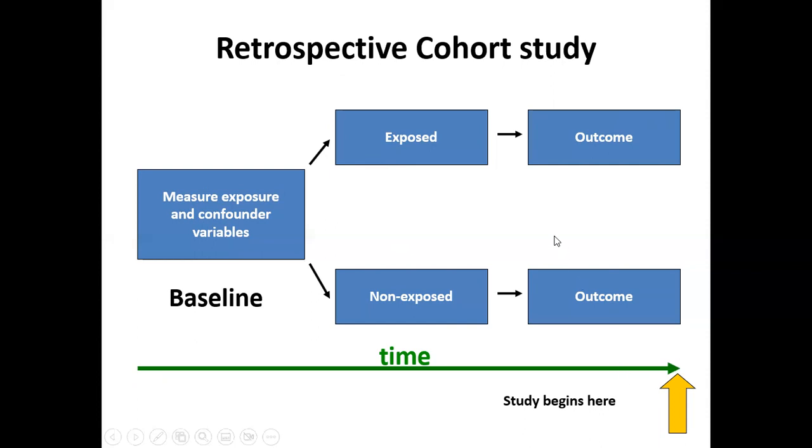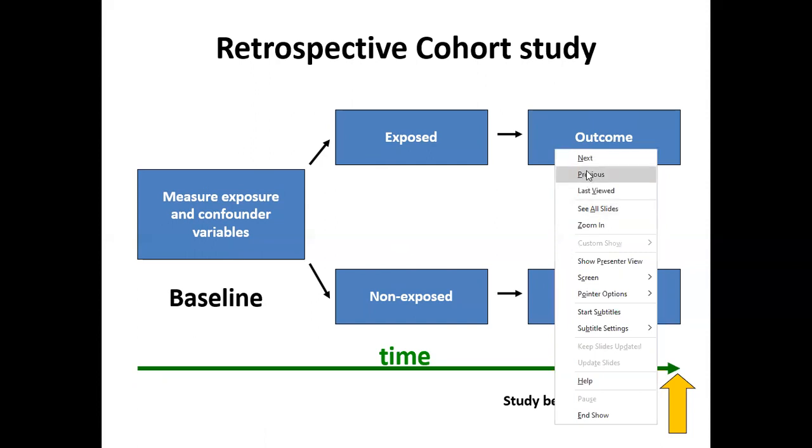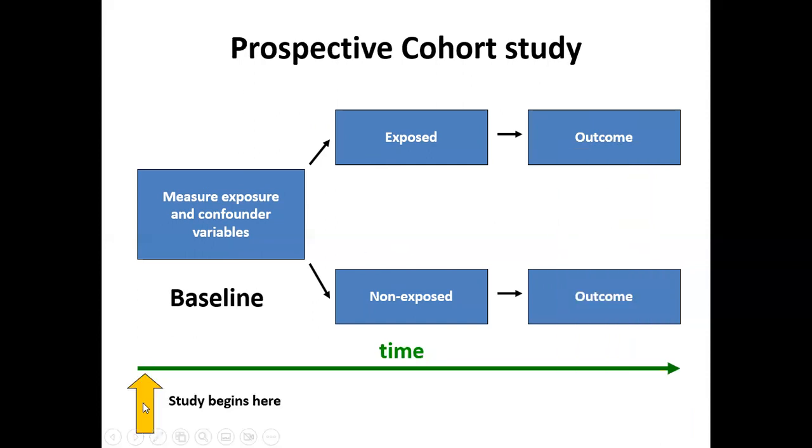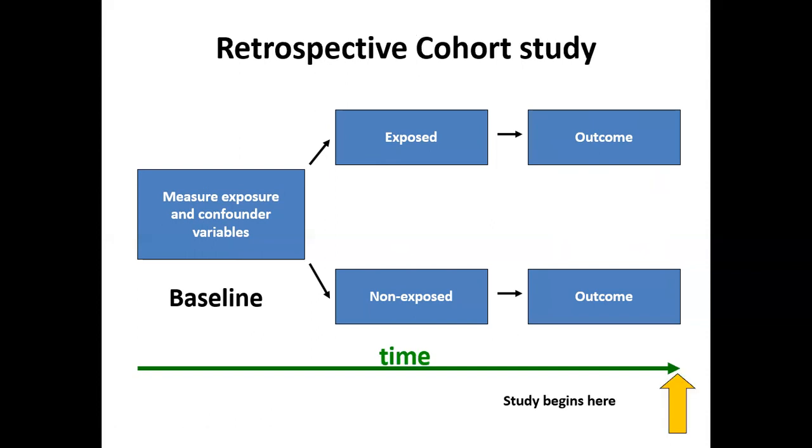Let us take a look at the previous. Yeah, it's here in the left at the prospective one. But here it is at the right. Because at the retrospective cohort, you are starting today.